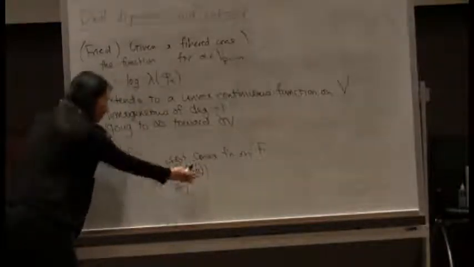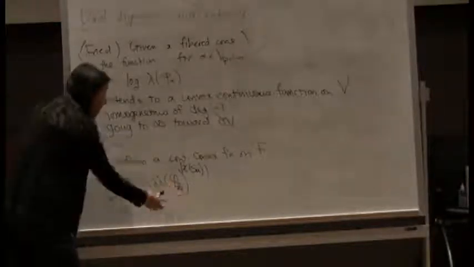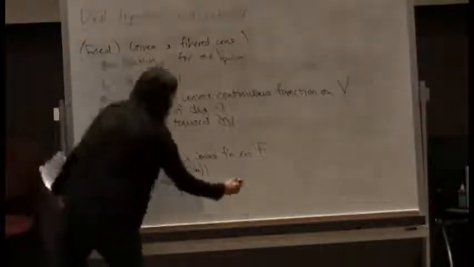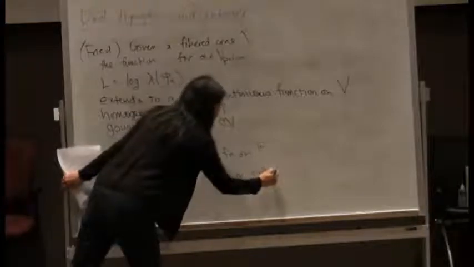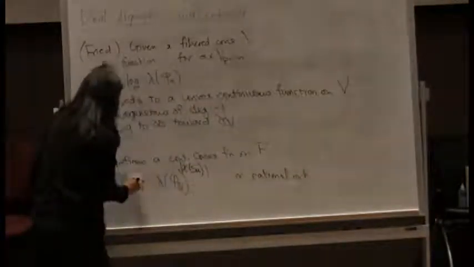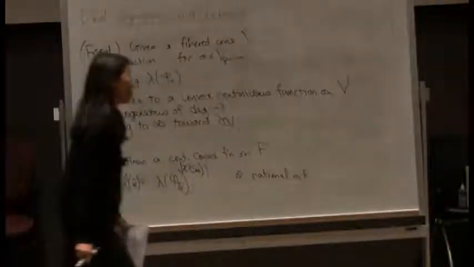So take the dilatation raised to the Euler characteristic power. It defines a continuous convex function that extends this function for alpha rational on F. Or maybe I should write this as alpha bar, like that.